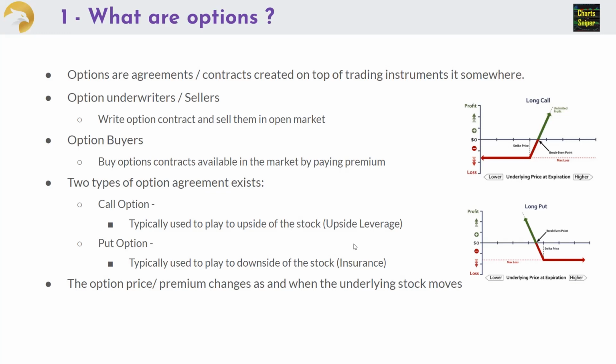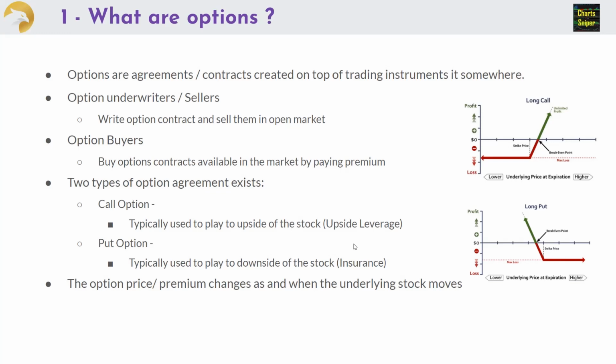A trading instrument can be a stock, a currency, a future, or any other tradable instrument. Once these agreements are created, they are released into the open market, and there will be people bidding for and asking for these agreements. So these agreements themselves trade as tradable instruments.